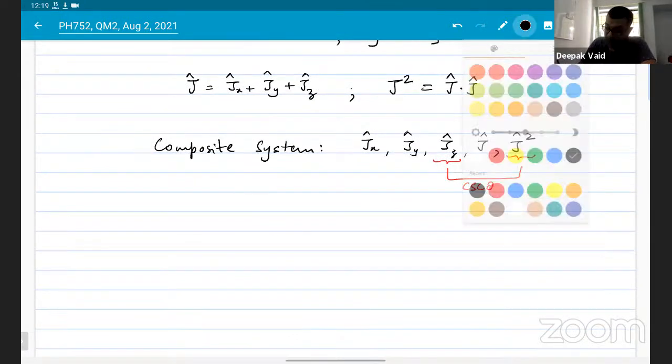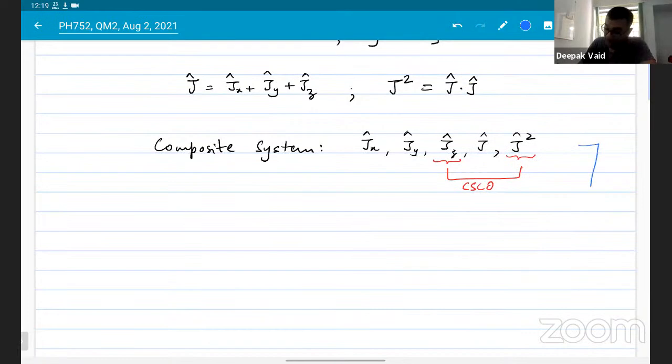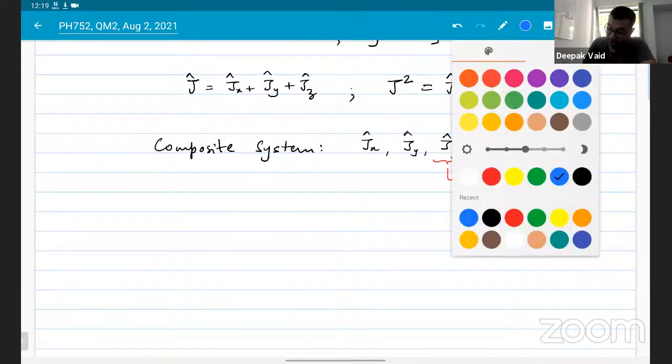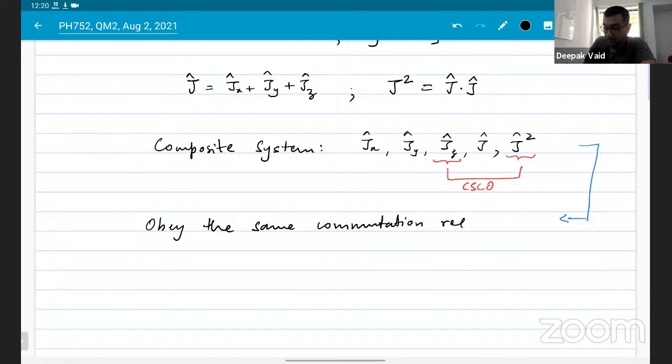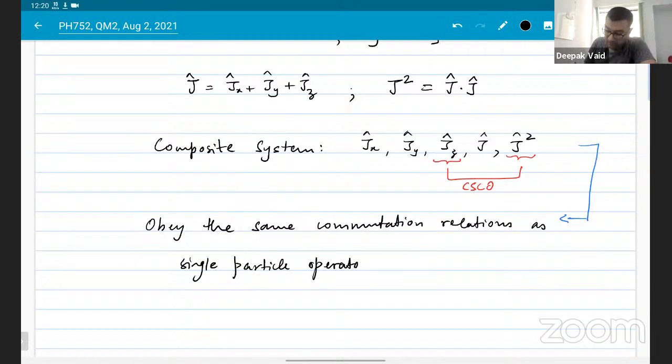These operators, okay, so this is very, very important to keep in mind.